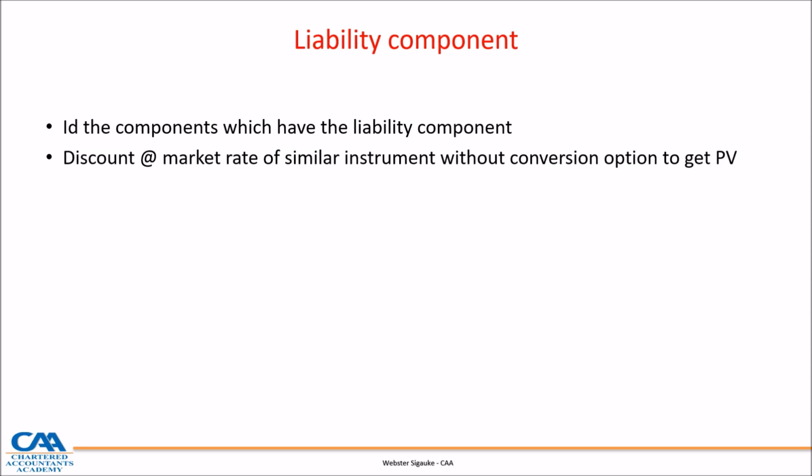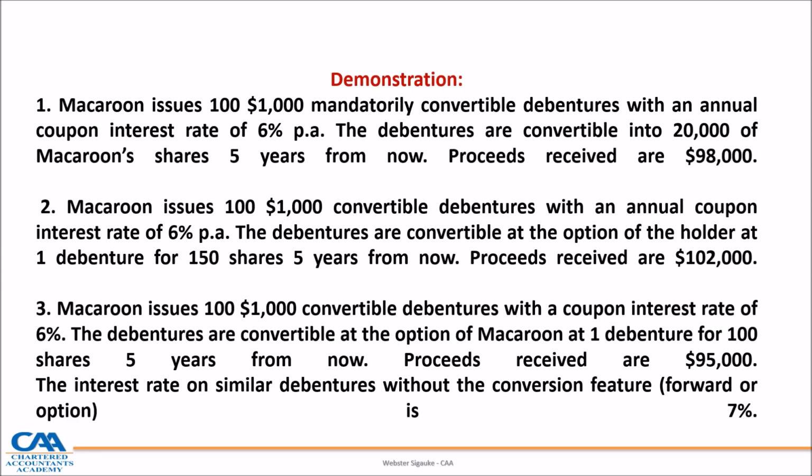So with your different convertible debentures, you need to identify components, where the liability is the discounted value at the market rate of a similar instrument without the conversion option. So I want us to go through an example where we measure the value of our financial liability and that of our equity.